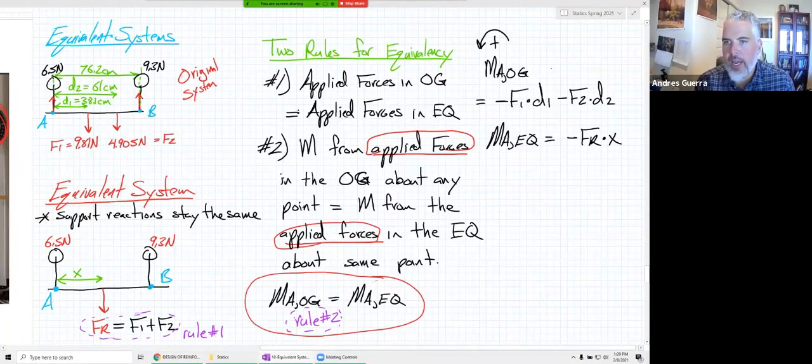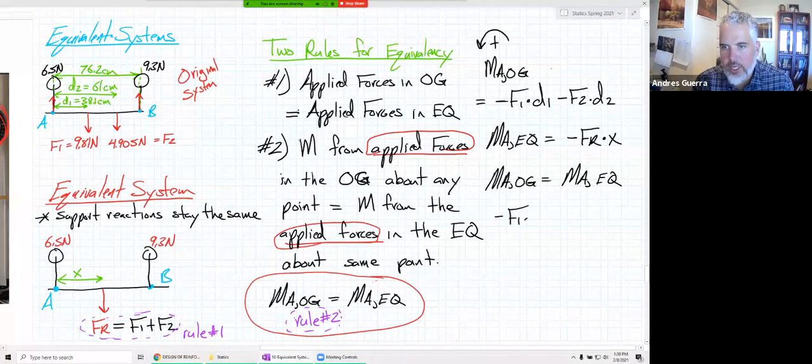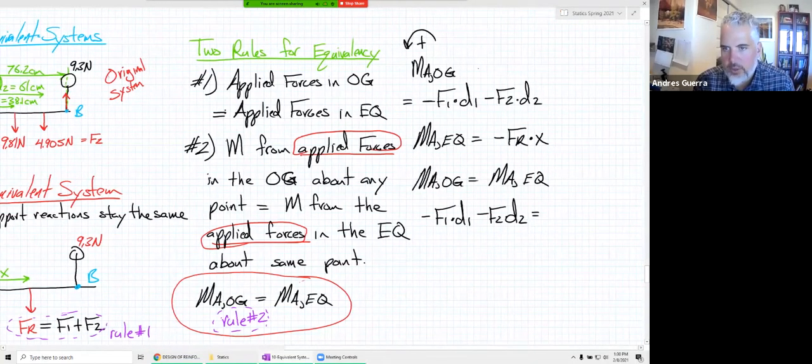Okay, so if I set the moment about A of the original equal to the moment about A of the equivalent, I'm going to end up with a minus F1 times D1 minus F2 times D2 is equal to a minus FR times X. And let me rearrange this for X. I can get rid of all my negative signs as well because they'll all cancel out, right?